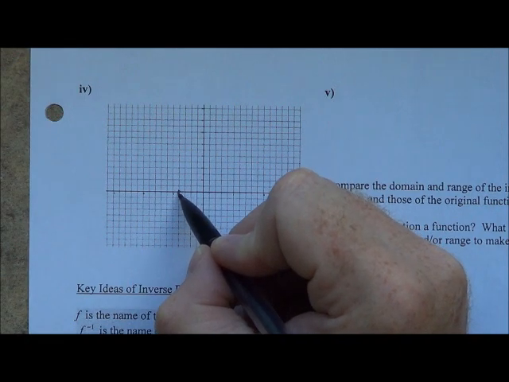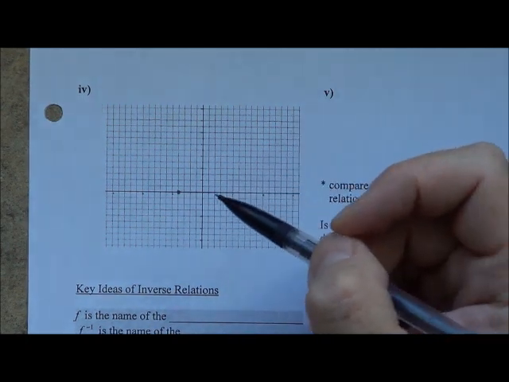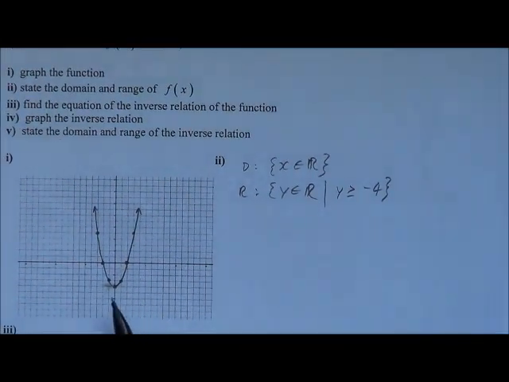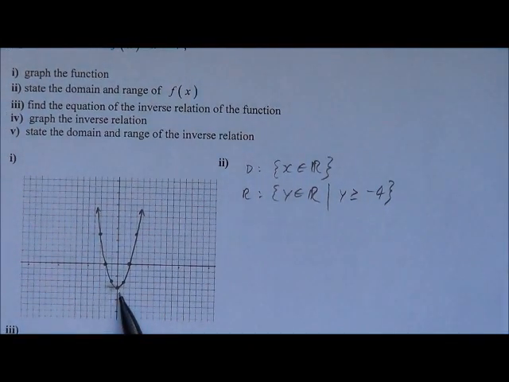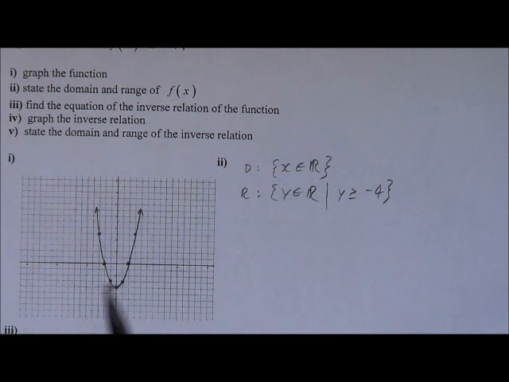So there's the vertex, and we basically just take the points of the original function that you had before, and because we're interchanging x and y, we're just going to interchange x and y also. So a vertex of (0, -4) will then be (-4, 0). Points of (1, -3) and (-1, -3) will be (-3, 1) and (-3, -1), etc. So we just interchange the x and y values also.